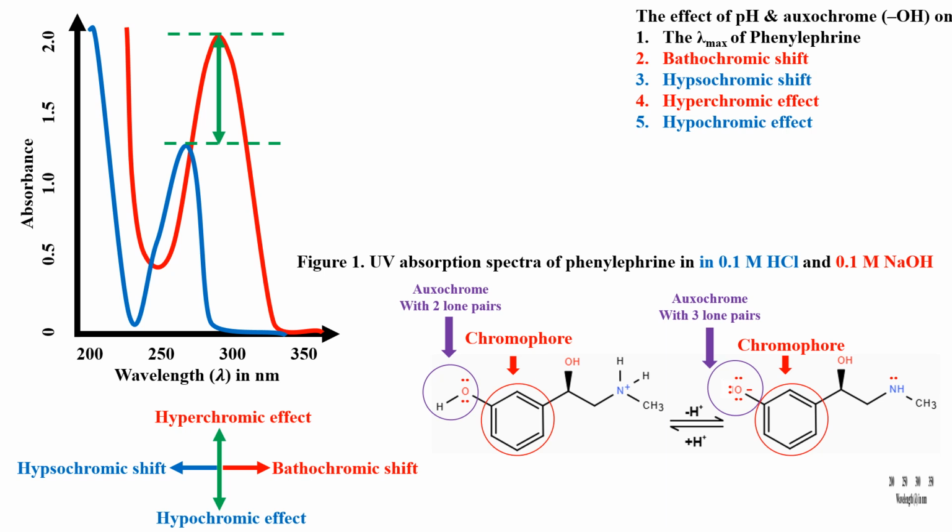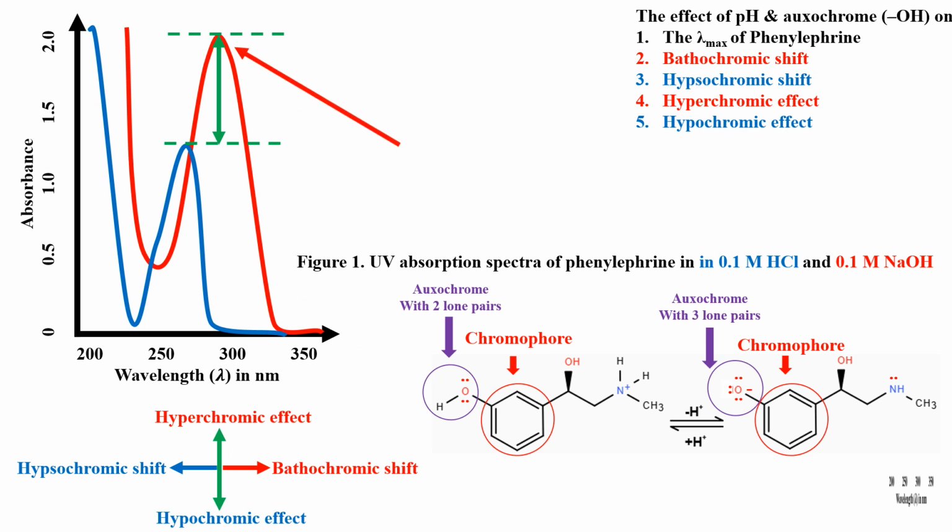Now we know that under basic conditions there are 3 lone pair of electrons on the oxygen atom and 1 lone pair of electron on the nitrogen atom in the side chain. And as a result, the strong auxochrome, that is the ionized oxygen atom, interacts with the chromophore, that is benzene ring, by resonance, and this leads to extension of the conjugated system.